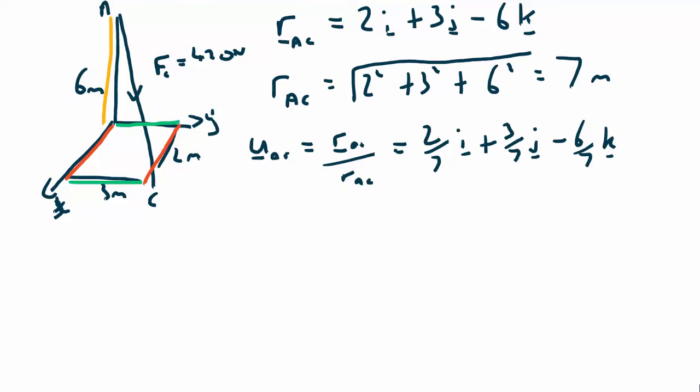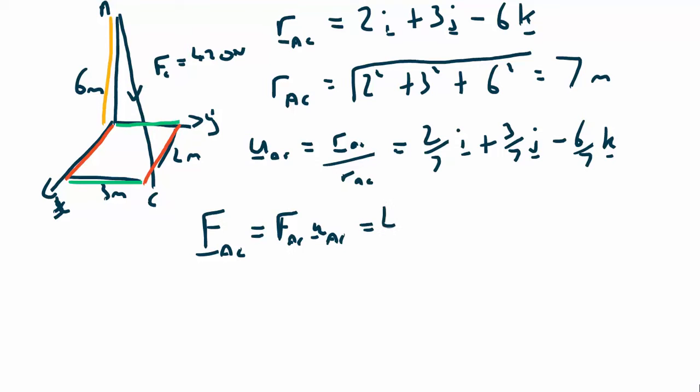So now we can get a force vector, because a force Cartesian vector, for AC in this case, is equal to the force AC times the unit vector AC. So the magnitude of the force times the Cartesian vector that describes the direction it's acting.